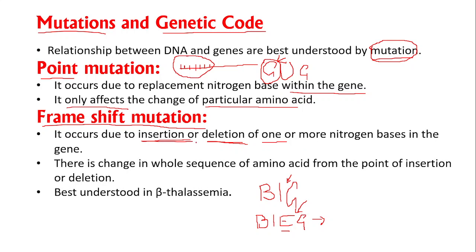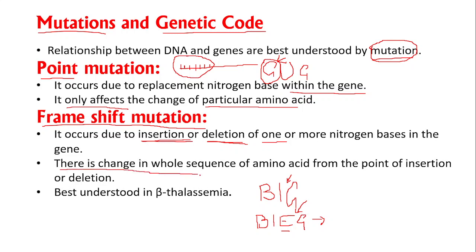So by means of insertion or deletion, shifting of the next or previous nitrogenous bases will take place towards their right side or towards their left side. That shifting of the nitrogenous bases is known as frame shift mutation.